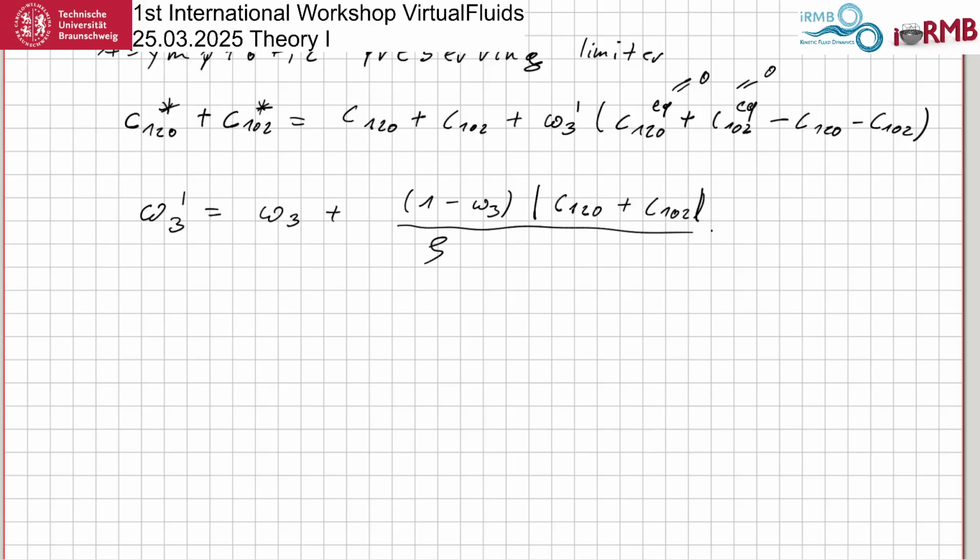Yeah, a density times now comes something they call lambda 3 plus C120 plus C102, and lambda 3 is the limiter parameter.